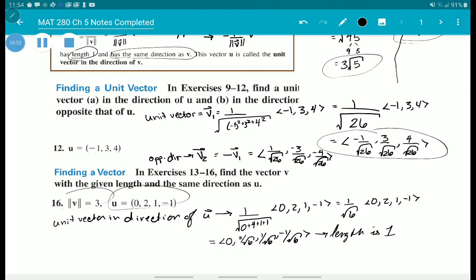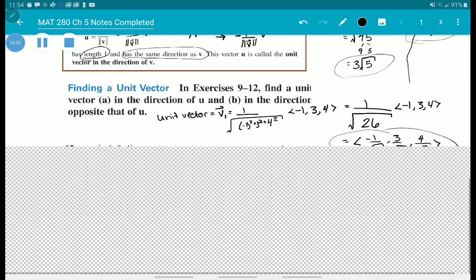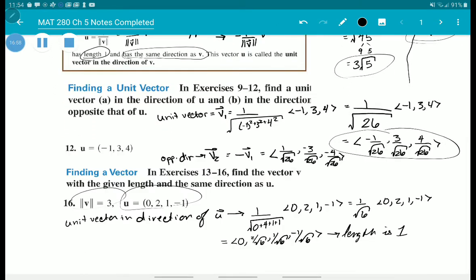If we want this vector to have a length of 3, then all we have to do is multiply it by 3. We're actually using theorem 5.1 to help us do that. We know that the magnitude of some scalar value times a vector is equal to the absolute value of the scalar times the magnitude of the vector. So if we multiply this guy by the magnitude that we want, that ends up being our scalar value here.